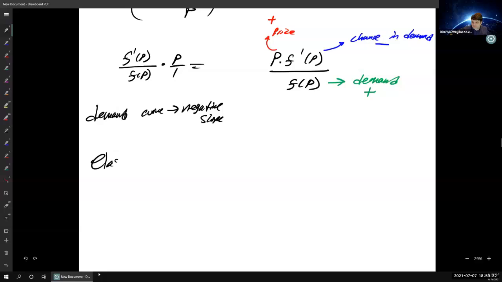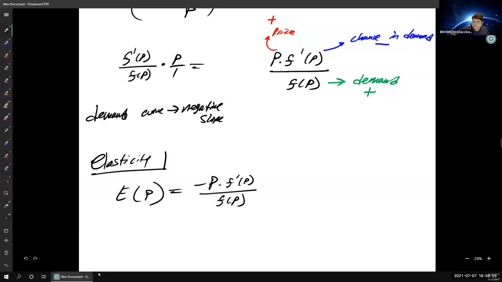So what we do is elasticity. To solve that problem, we just slap a negative on this thing. And this is your actual function for elasticity, E of P. So this is what you're going to be plugging into.